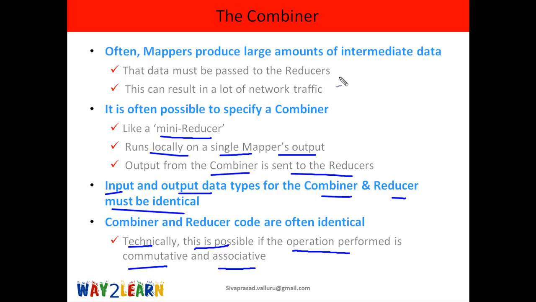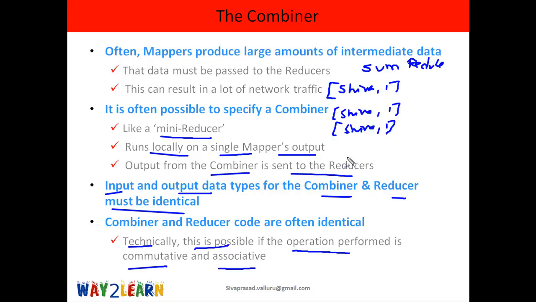If I am computing a sum of values in a reducer, if I am writing a sum reducer, from one mapper I am getting Shiva comma 1, Shiva comma 1, Shiva comma 1. The output of my first mapper is this one. Output of another mapper, let's say it is Shiva comma 1 and Shiva comma 1.